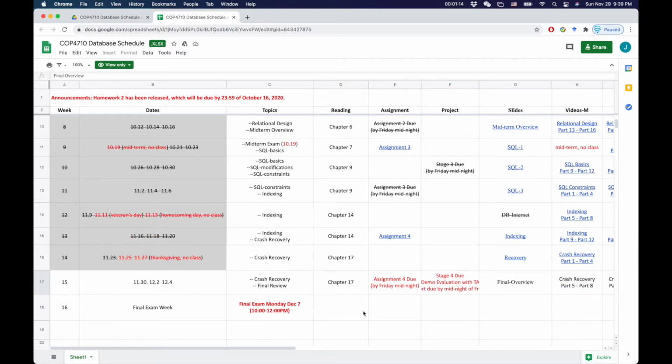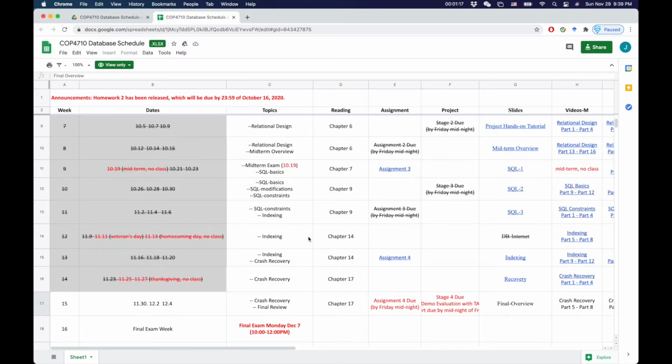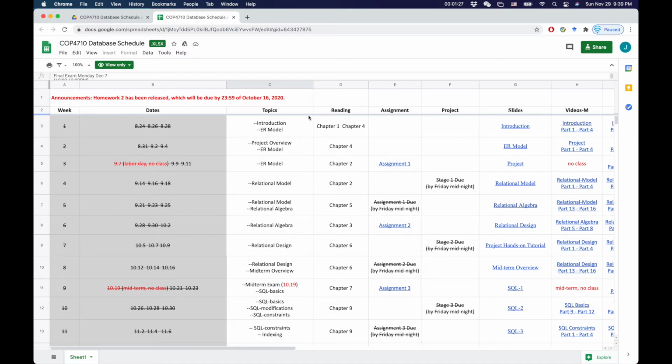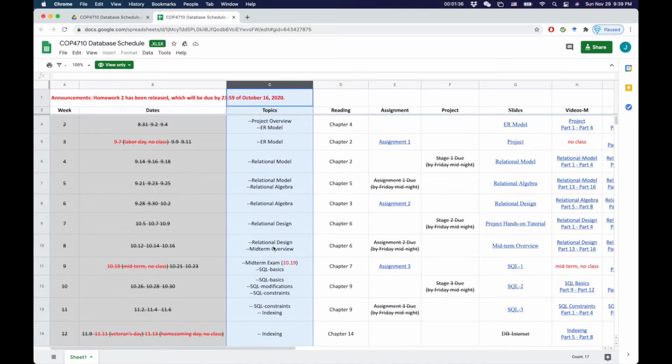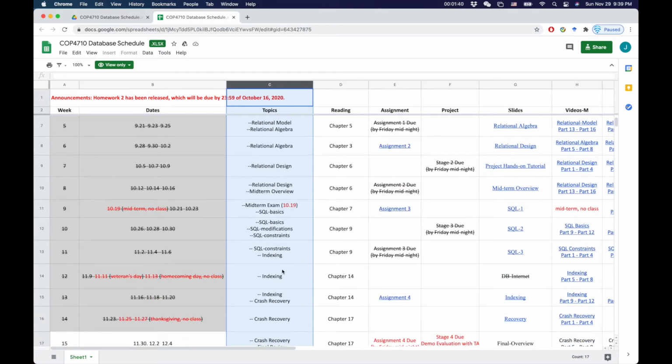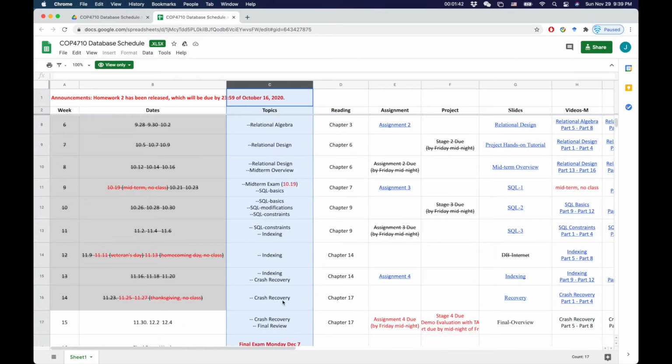So we have generally finished all the sections already, and next week we plan to have the final exam. The final will cover all the topics we have discussed in this course. I mean, all the topics from the introduction to the ER model, relational algebra, relational design, SQL basics, modifications, constraints, indexing, as well as crash recovery.